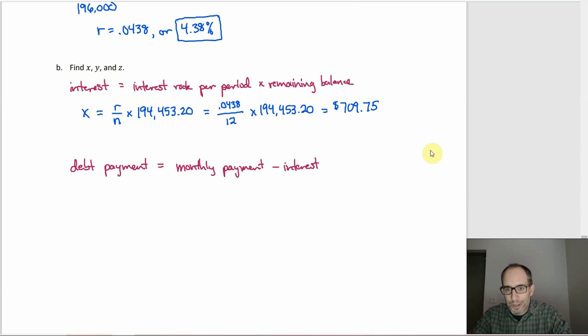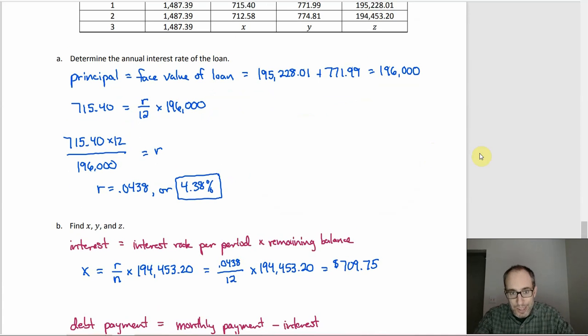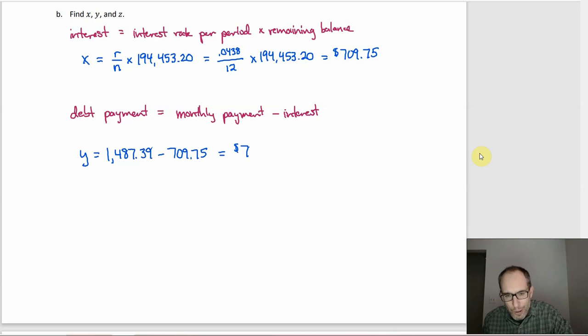So Y is going to be, if I go back up, the monthly payment is $1,487.39, and the interest was $709.75. So what you get for the debt payment is $777.64.